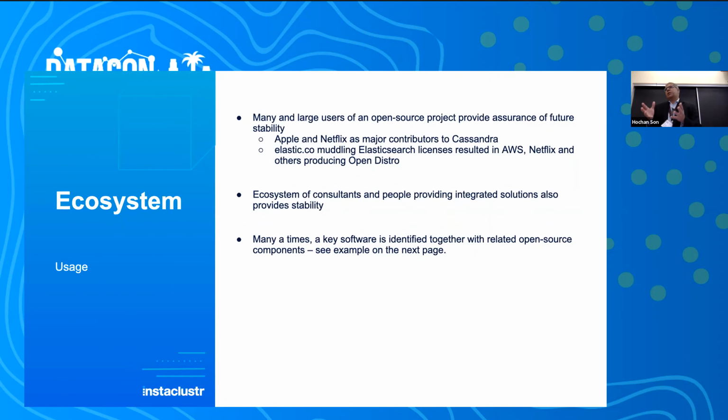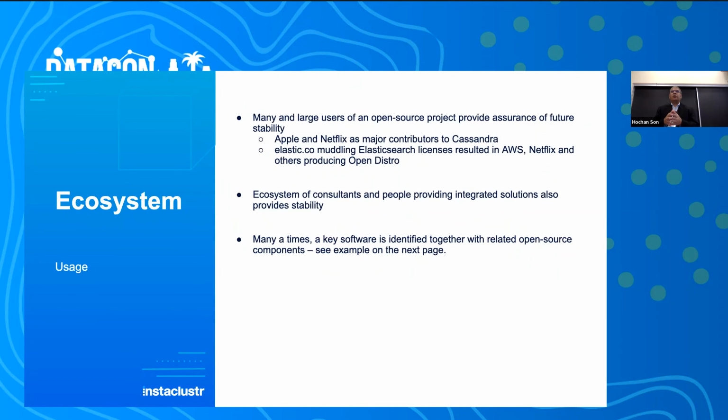If you look at Apache Cassandra, the market share might not be that high in terms of database, it's not an RDBMS. But Apple and Netflix are backing it up, and there are lots of committers. Almost 60% of the committers are from these 2 companies. So it is not going anywhere. It's fairly stable. It's going to be there for a long time.